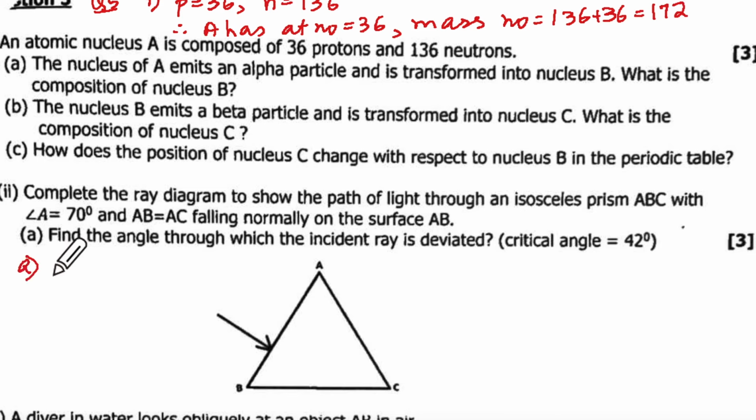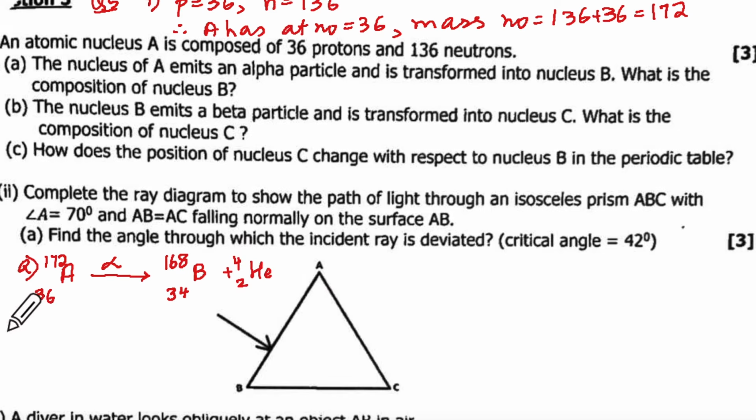Now A part. What is A part saying? A, which is 172, 36, is emitting which particle? Alpha particle. So alpha particle, and it becomes B. So the mass number will reduce by 4, means 168, and this 36 will reduce by 2, means 34, plus helium-4, 2.